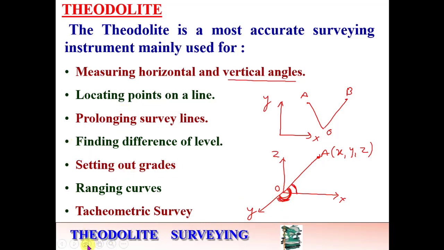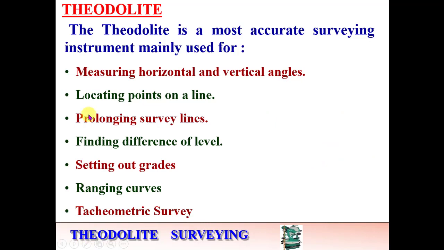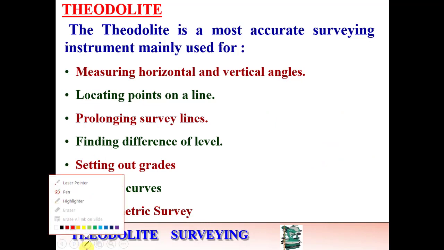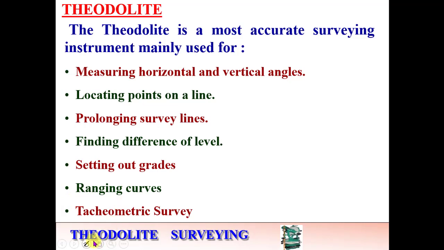Let me remove this. The second point is related to locating a point on a line. Suppose this is your line A, B and this is C. This is your theodolite instrument placed at position O, and this whole diagram is on a horizontal plane.